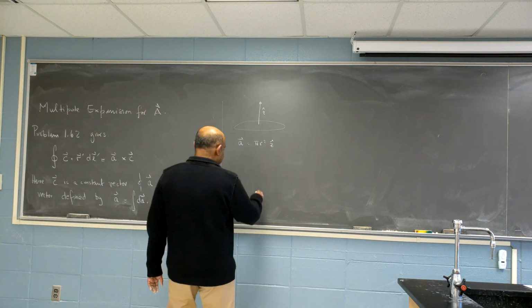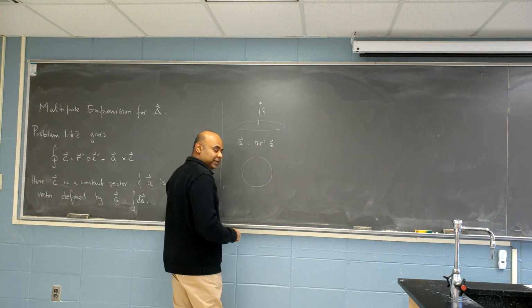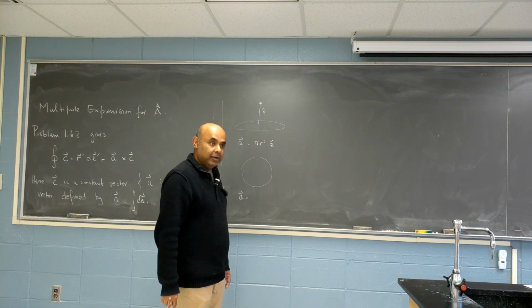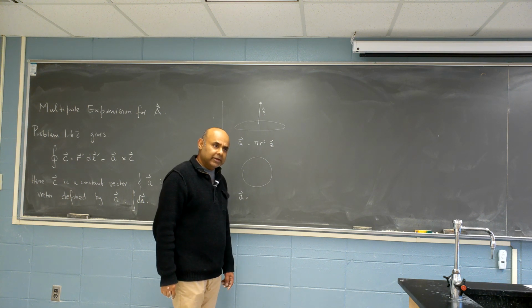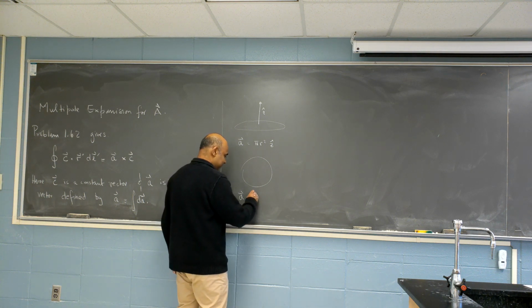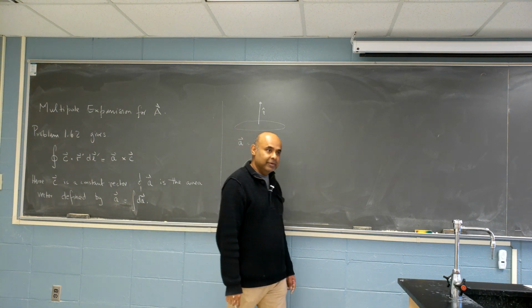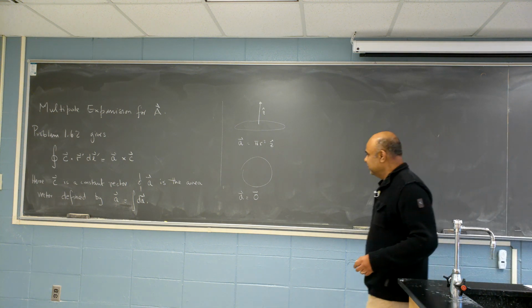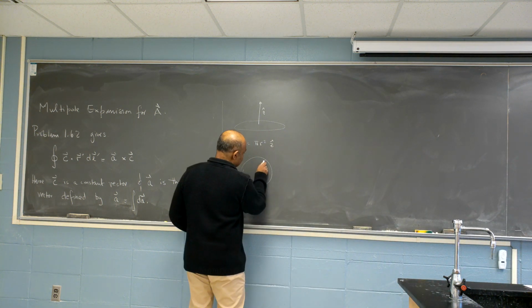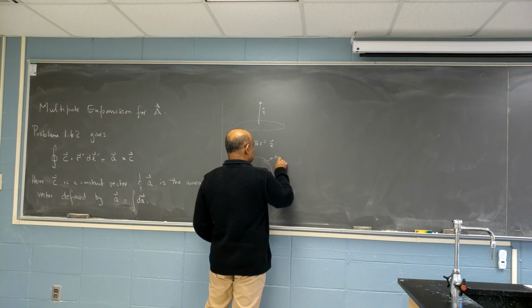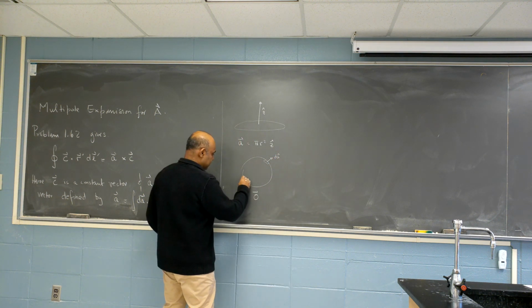If you have a sphere, what's the area vector? What direction? Like radial. It adds up to be 0. So over here, this is my dA.